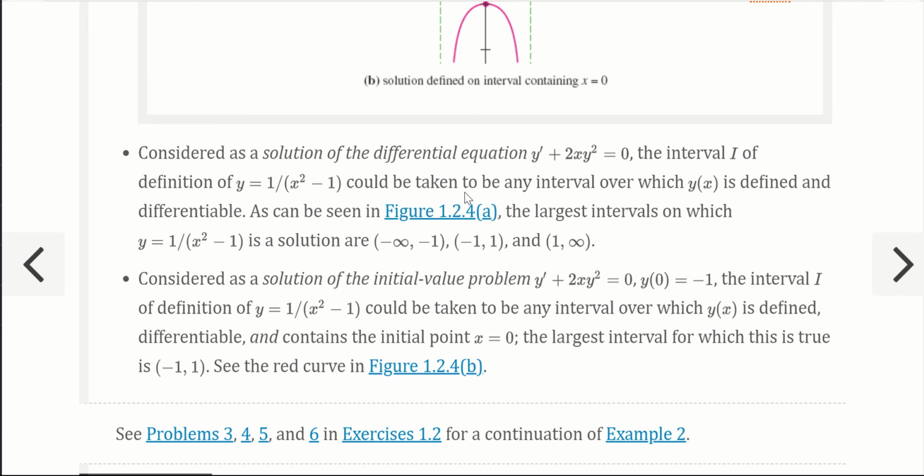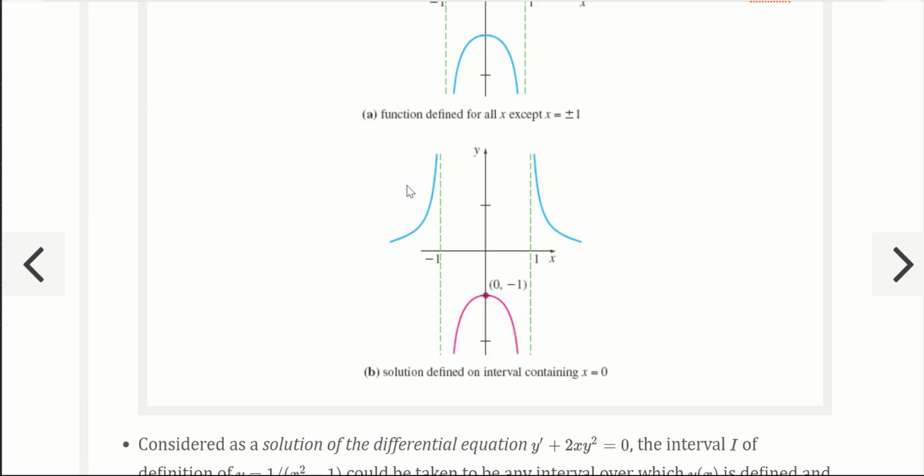Furthermore, if we think about it in terms of an initial value problem, if we take the initial value y of 0 equals negative 1, then the interval I of solution for that differential equation should be the largest interval in which the initial value point exists and in which the function is defined. If we come back up here, that's like the three branches that we see here.